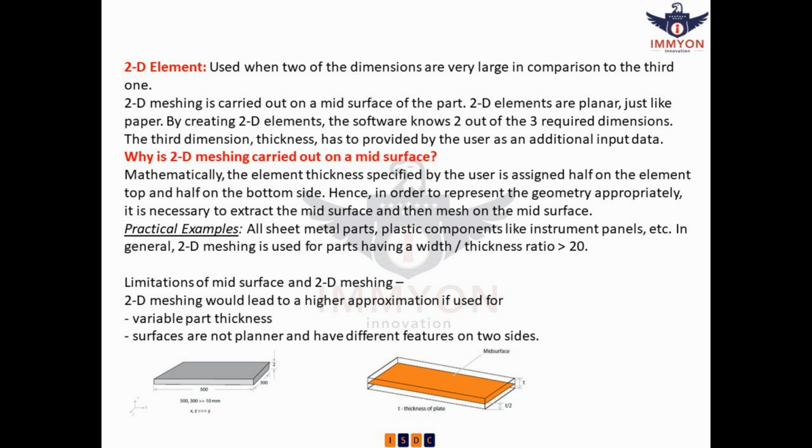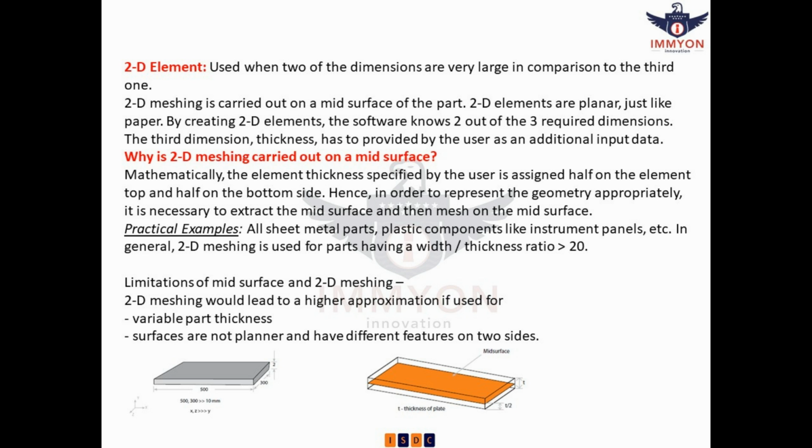Why is 2D meshing carried out on a mid-surface? Mathematically, the element thickness specified by the user is assigned half on the element top, and half on the bottom side. Hence, in order to represent the geometry appropriately, it is necessary to extract the mid-surface, and then mesh on the mid-surface.